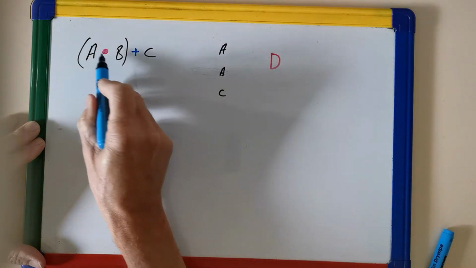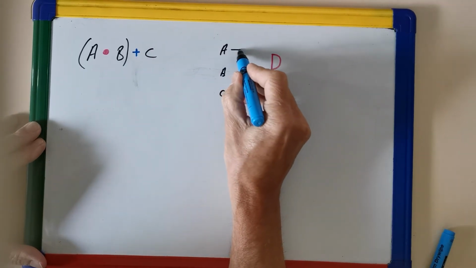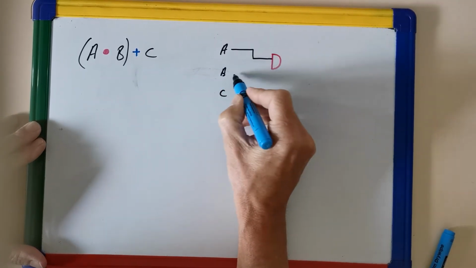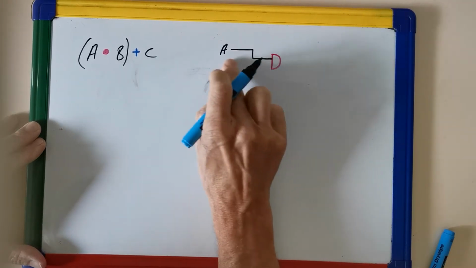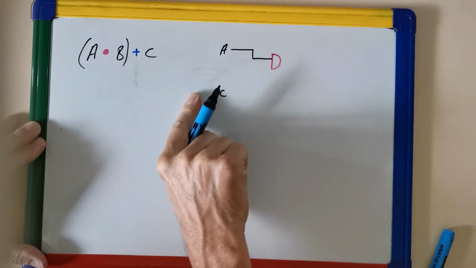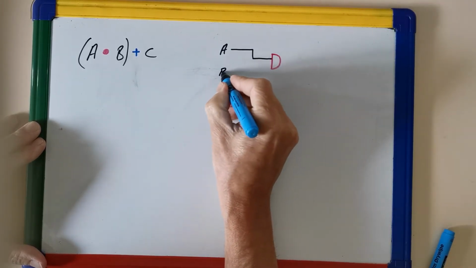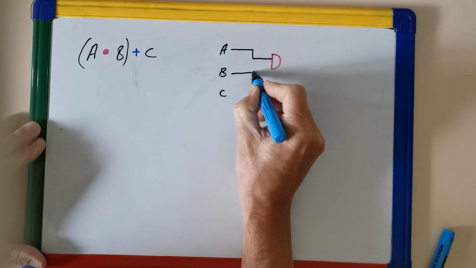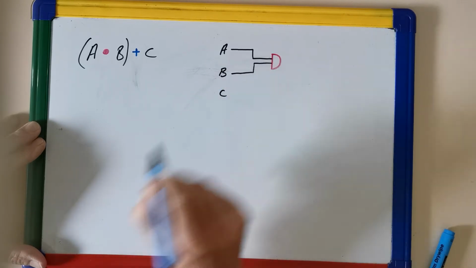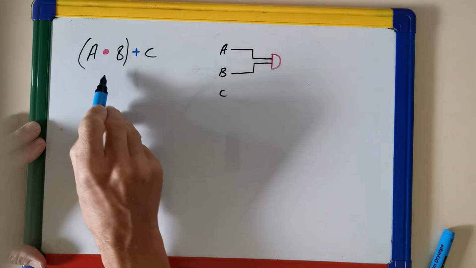So A, B into an AND gate, that's this bit done.